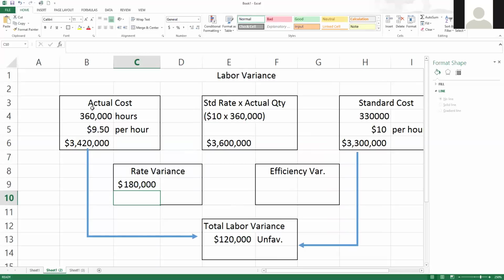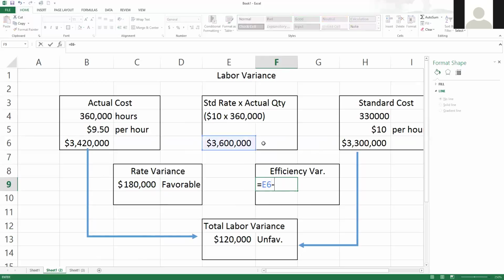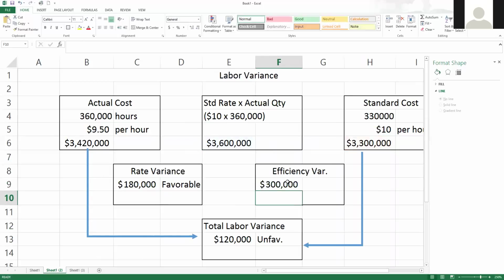So the only thing different between the left box and the center box is the rate per hour, and the rate per hour was better than we had predicted. So that's favorable. Here we're comparing $10 an hour, $10 an hour. The only difference is how many hours. So our difference here is all based on the number of hours, and this was unfavorable. And when you net out a favorable and an unfavorable, you have to subtract them, and they do come to $120,000.